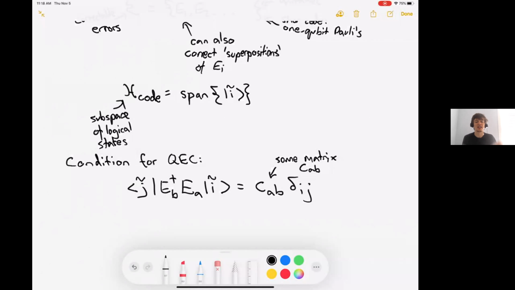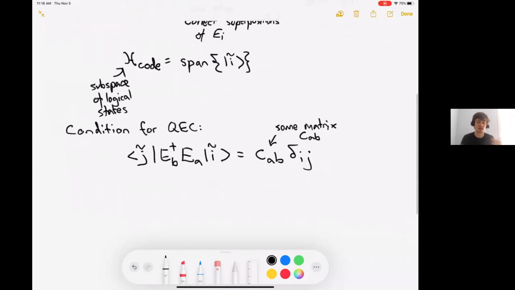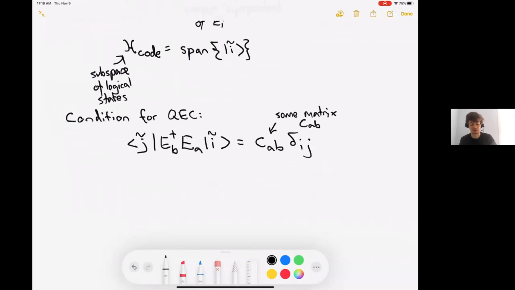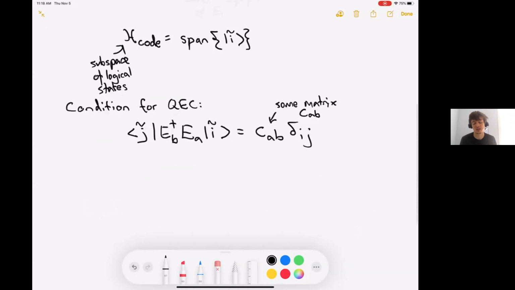Then you can just apply an E_A† to undo that process and recover the original state. However, that's just a specific class of quantum error correcting codes called non-degenerate codes. Many codes, such as the Shor code, don't work like that.